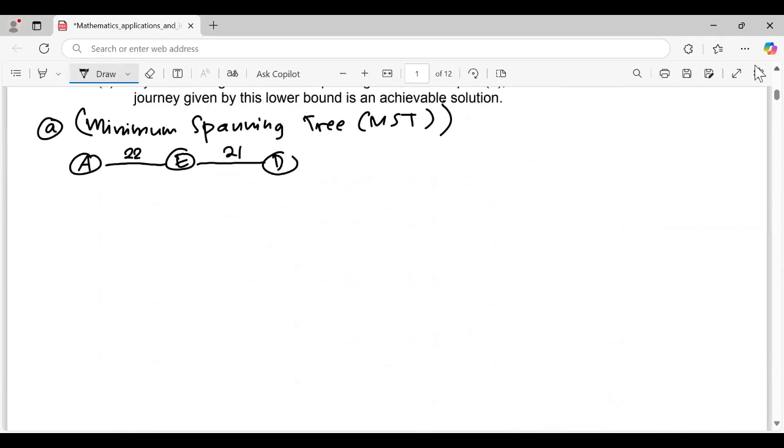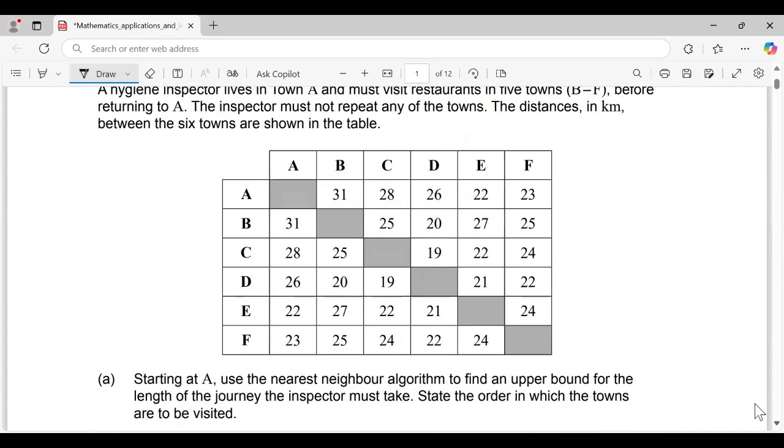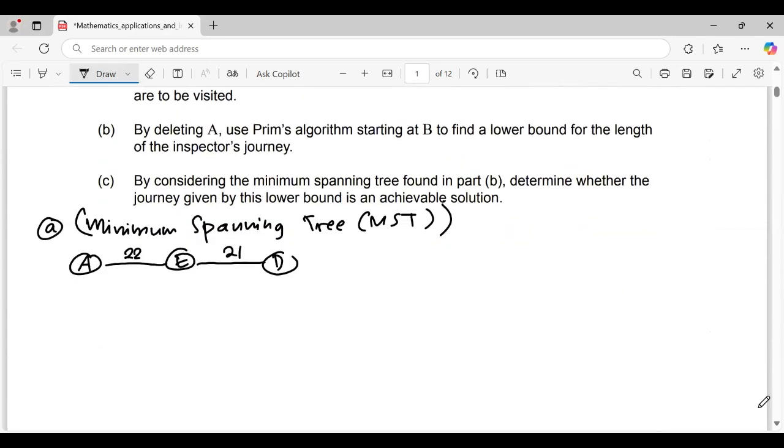And the nearest town to D is this one, C, town C. Town C is 19.